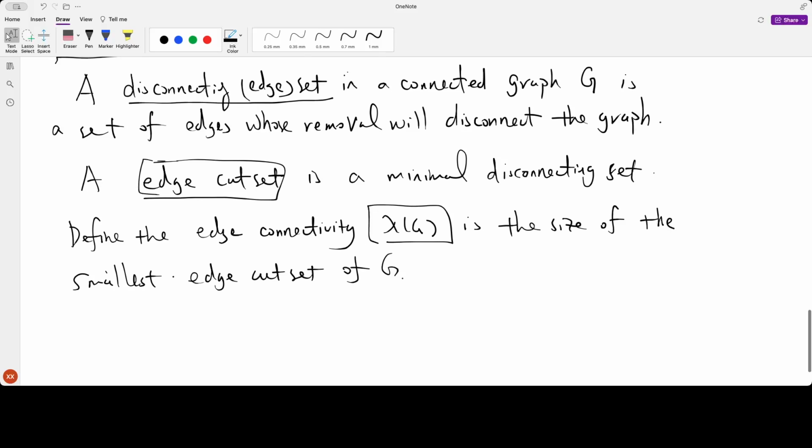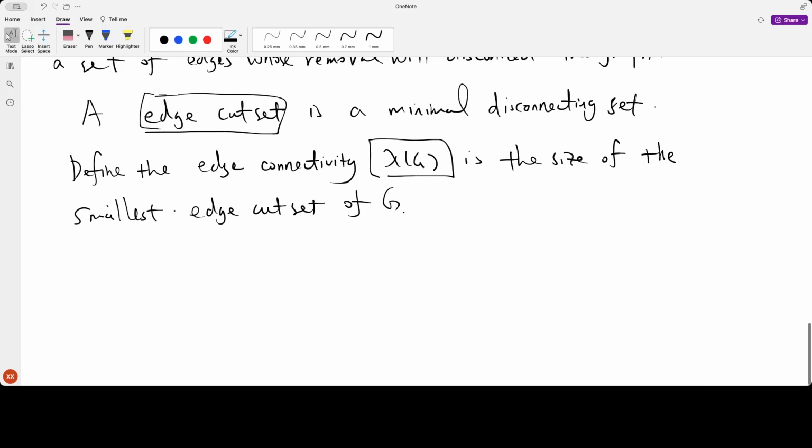And there is another thing, so people will call G k-connected if lambda of G is greater or equal than k.